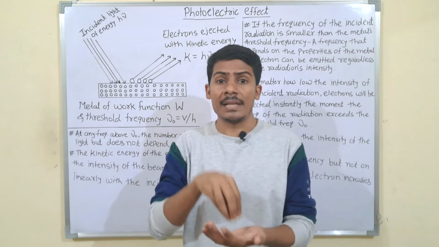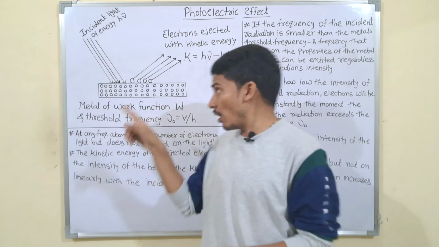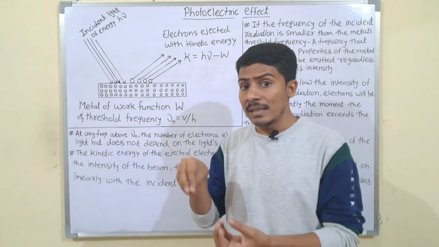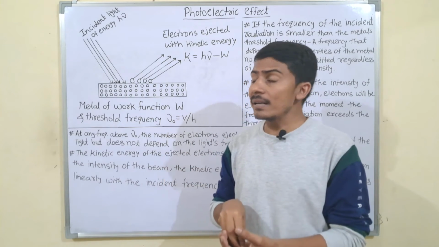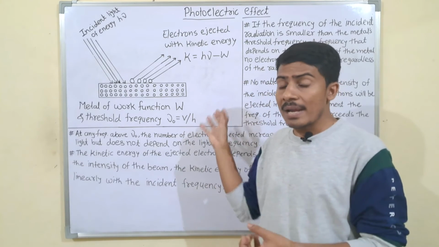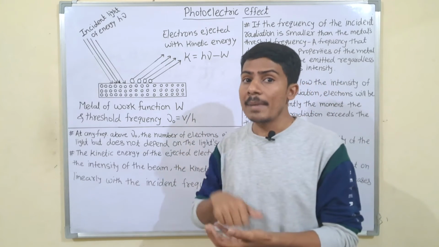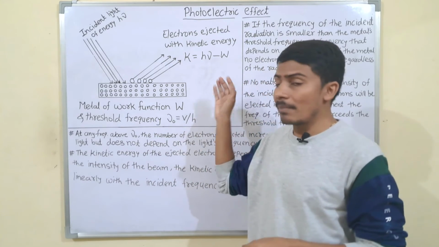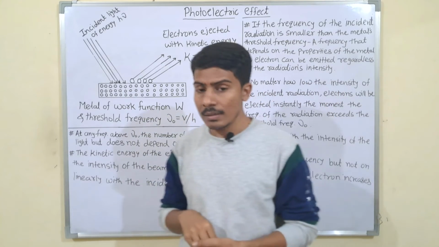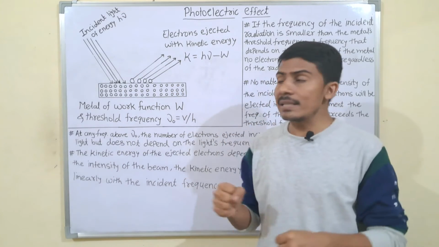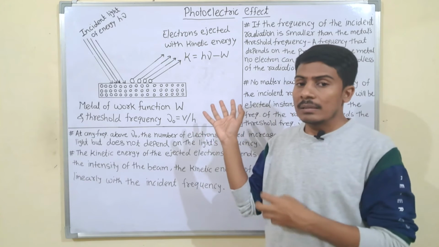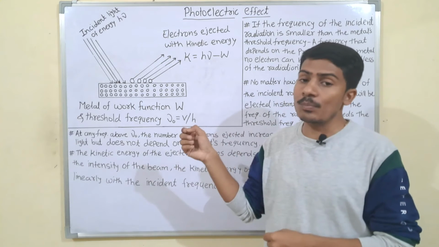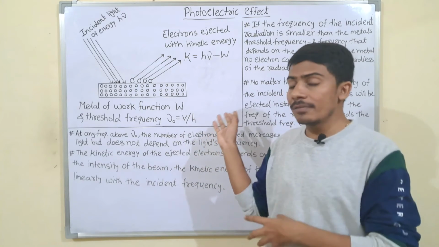If it exceeds the limit, the threshold energy of the metal, then and only then is an electron ejected from that metal, and this is where classical mechanics fails. It is not described by classical mechanics. Therefore we need quantum mechanics for the description of the photoelectric effect, and therefore this is the first key point for the development of quantum mechanics.